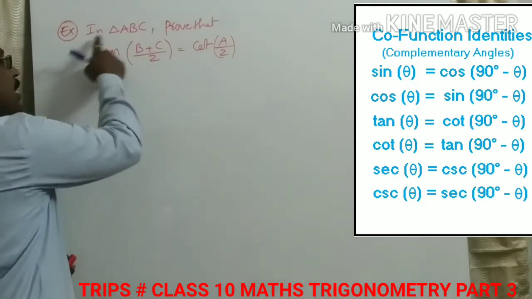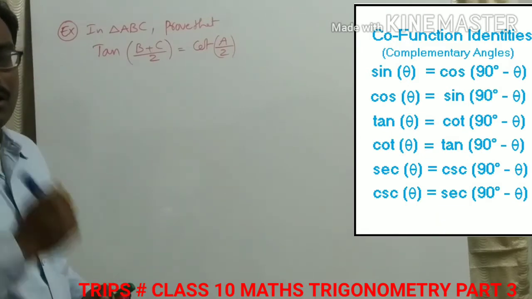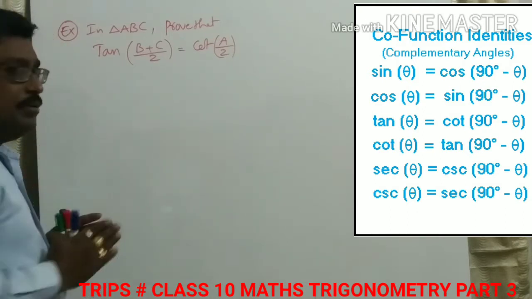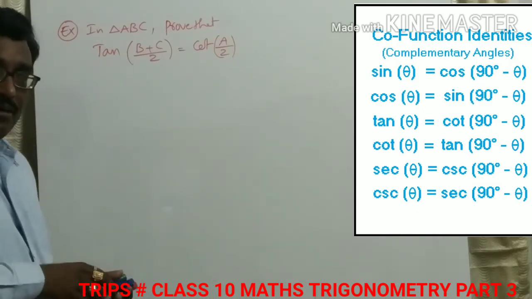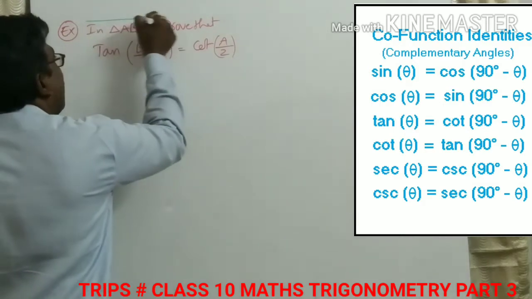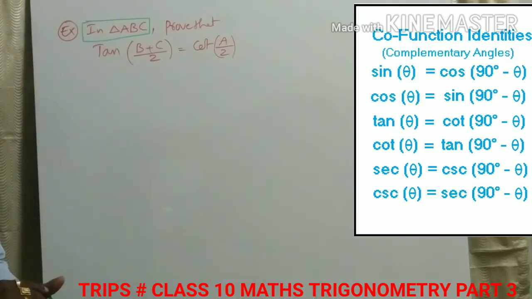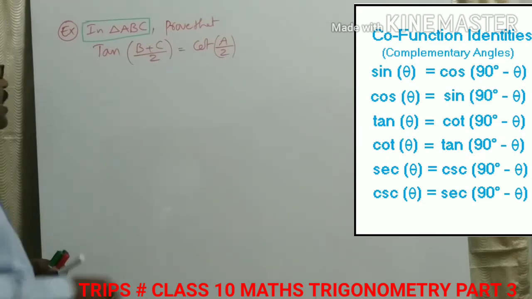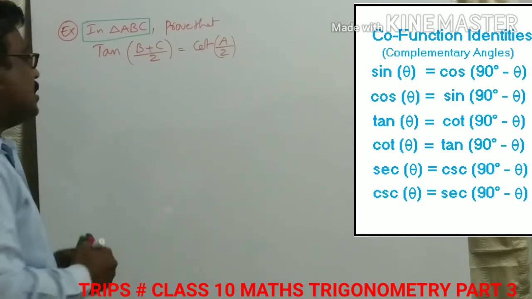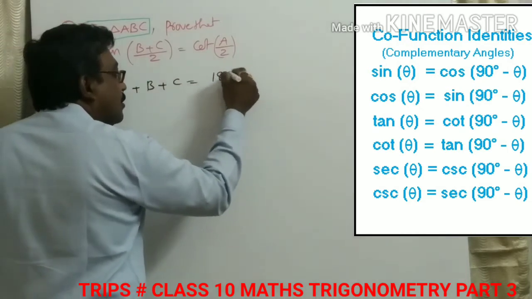Now in triangle ABC, prove that tan (B plus C) by 2 is equal to cot A by 2. Now, if you pay attention, each and every term given in the question is very, very important. This is the clue for you to solve the sum. In triangle ABC, there are 3 vertices, of course 3 angles, and the sum of the 3 angles is 180 degrees.